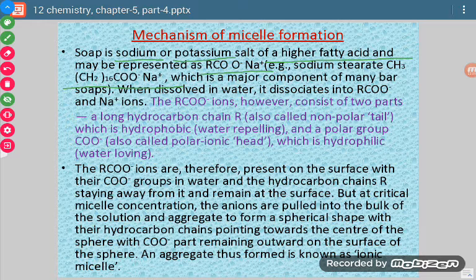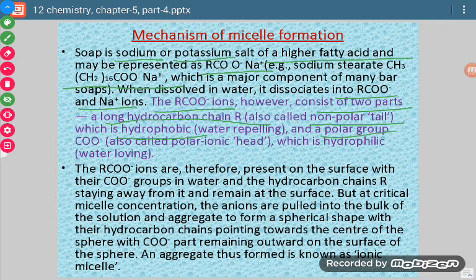When we dissolve it in water, it will dissociate to form these ions, just like the property of an electrolyte, so they will behave as electrolytes. Now this ion consists of two parts. There is a long hydrocarbon chain R, also called the non-polar tail. Non-polar means it is hydrophobic; it is not attracted towards water.